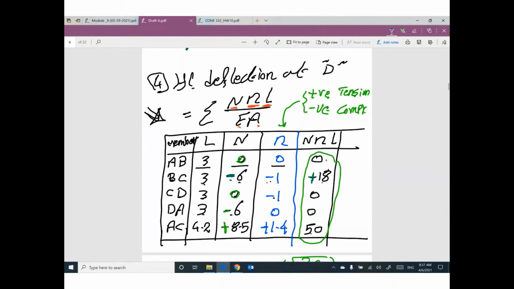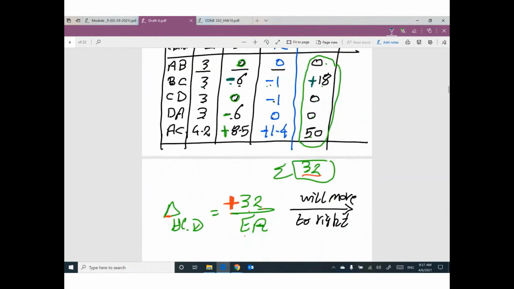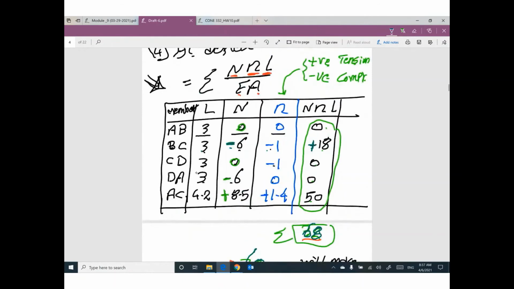So who made this one negative? I'm sorry. So 3 times negative 6 times negative 1 is positive 18, not negative. Thank you, Ben.